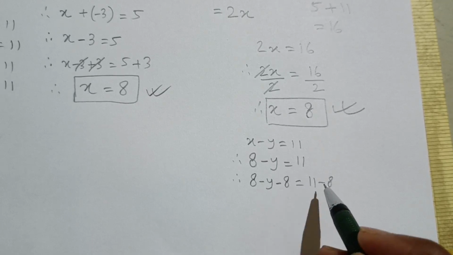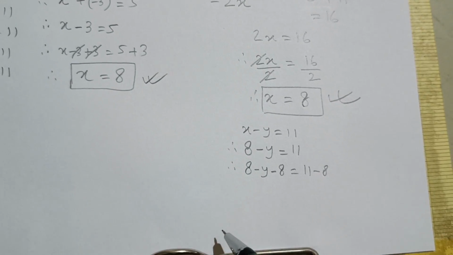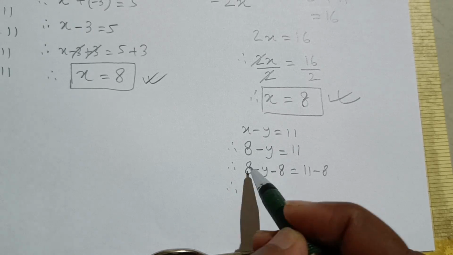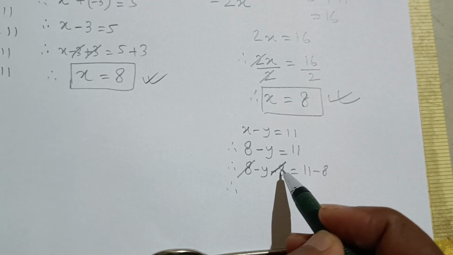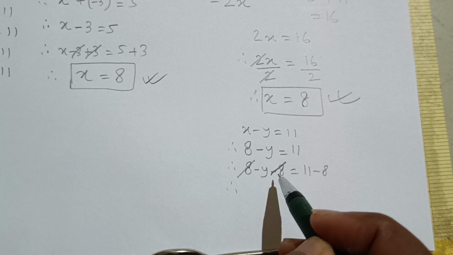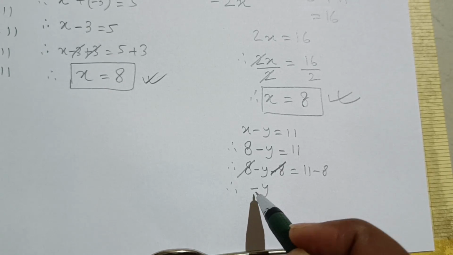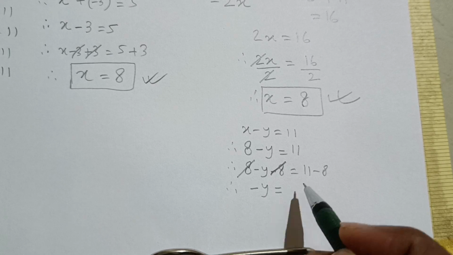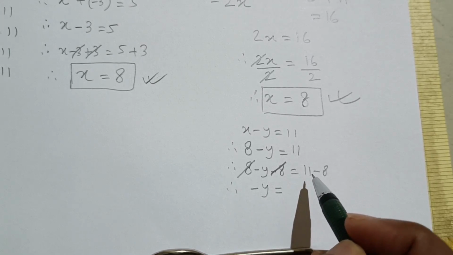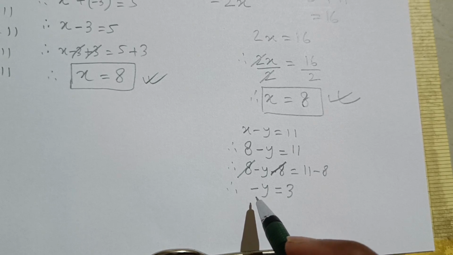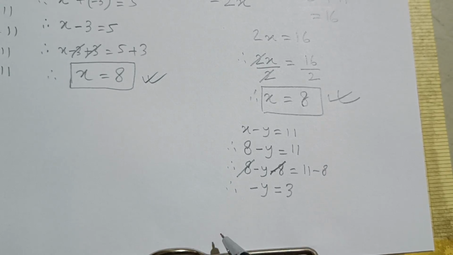On the left hand side, 8 minus 8 is 0, so 8 and minus 8 will cancel with each other. So I'm left with minus y. The right hand side will be 11 minus 8, which is 3. So minus y is equal to 3.